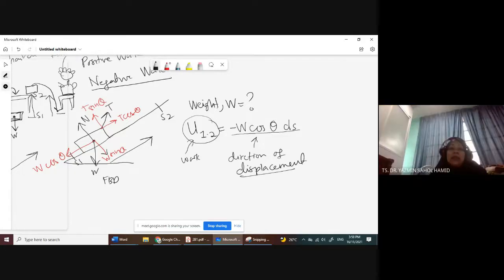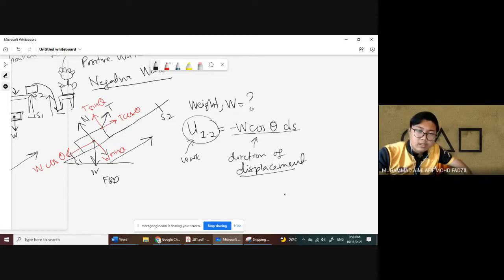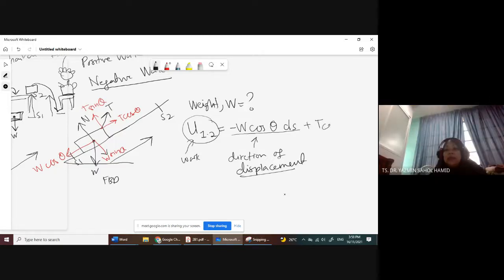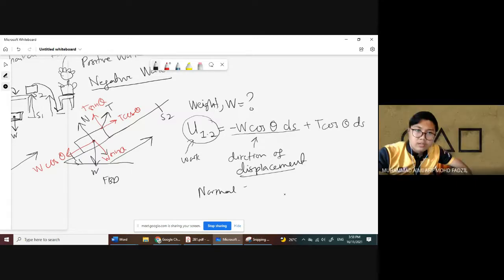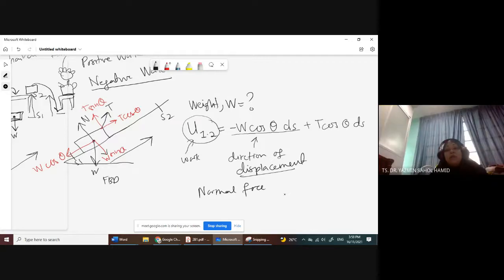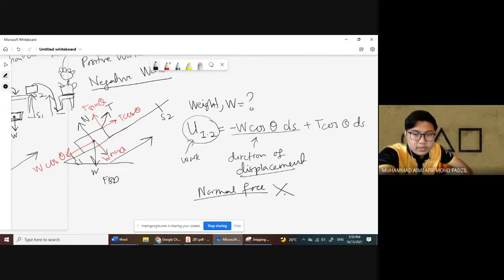Yes. And then what else you have in that direction? T cos theta. Yes, you also have T cos theta ds. Okay, how about normal force? Tak terlibat. Yes, normal force is not included, because it is not in the direction of displacement.